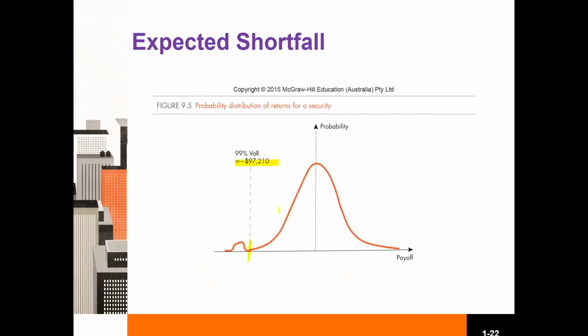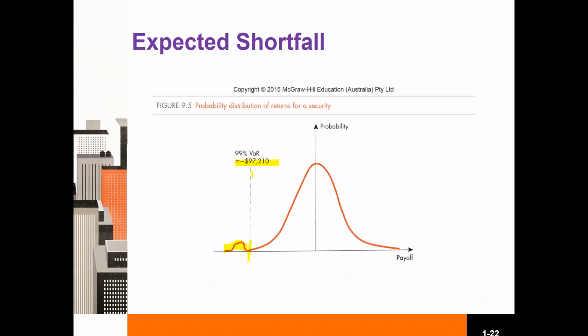It means there is a 1% chance that the value will decline by this 97,210 or more than that. However, due to this fat tail, the average of the losses of these 1% cases will be higher than this 97,210. So you can see that the average of these 1 in 100 losses will be higher.